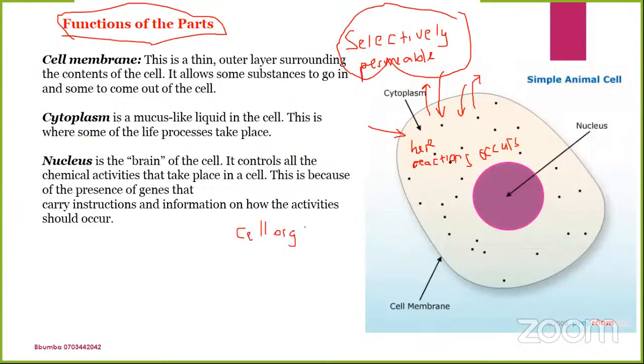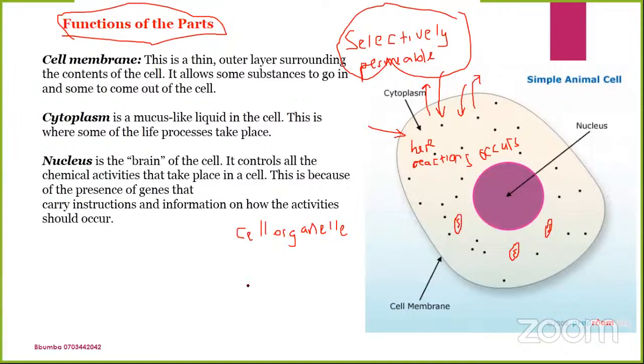Now, examples of organelles found inside the cytoplasm are the nucleus, which is centrally located. We can also find certain structures called mitochondria inside here. They are tiny, tiny structures. This is how we normally draw them.